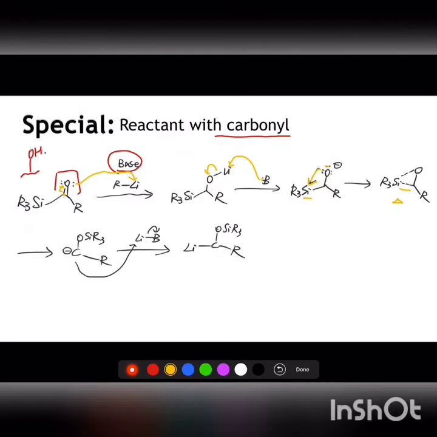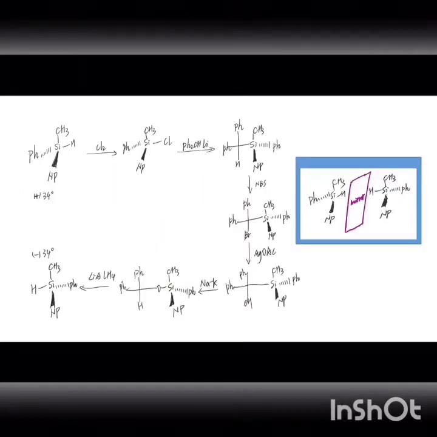So the carbon will have a negative charge, and the negative charge will attack the same base, right? The same base will attack the lithium atom, and this bond will break. And so we got our products. This time, the lithium atom is attached to the carbon, and on the oxygen there is silicon. So I think this is a very important example for the Brook rearrangement.